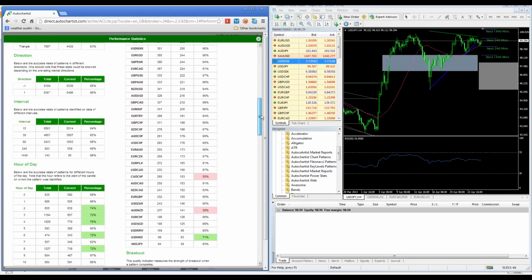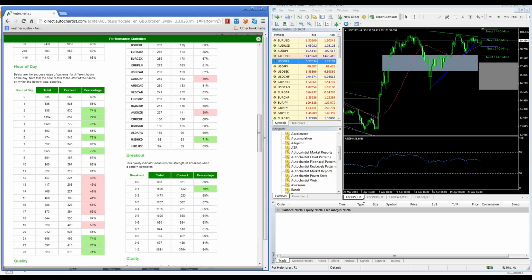Of course, we have our breakdown by intervals, by the hour of the day. Interestingly enough, the hour of the day is very interesting for me because we do really, really well during the London session. Right? This is in Eastern Standard Time, by the way, and not very well during the US session. Of course, London is the capital of the forex world, so most experienced traders will tell you to ignore what happens in the US session for forex and just trade the London session.